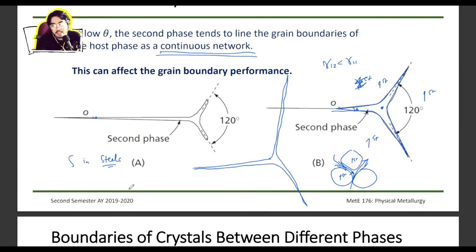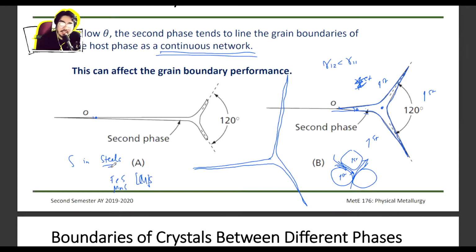Pwede siyang FeS, pwede ring manganese, MnS, o pwede ring ibang sulfides. But it's usually a metal sulfide, no? When you have a metal sulfide, usually they are brittle, and they have a tendency to line the surface. So even if they exist in very small amounts, ang napoproduce nila is a large network that has a thin film along the grains, no?